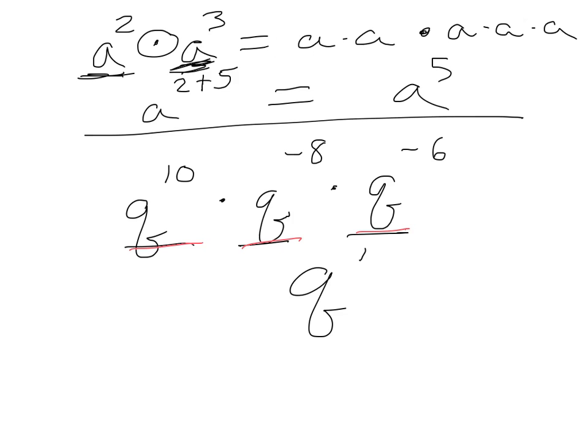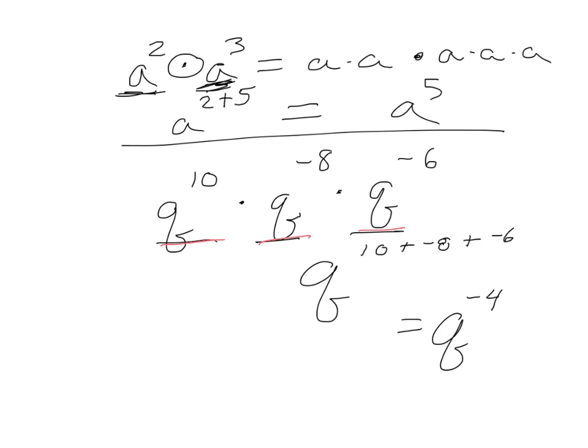And so we have q to the 10th plus negative 8, all of this in exponent land, and negative 6. When you combine all of those numbers, it looks like the answer should be q to the negative 4th power. Now, we're not simplified all the way here.